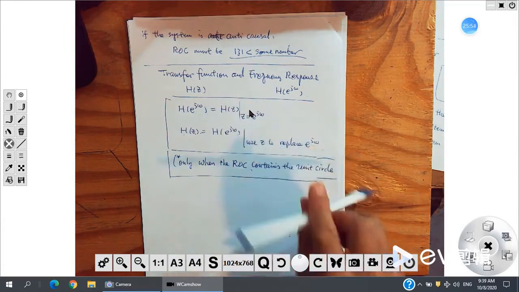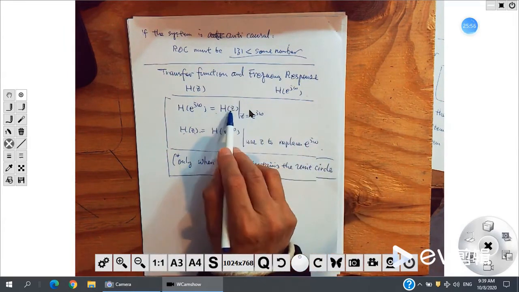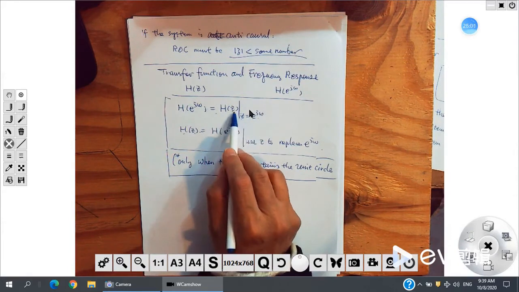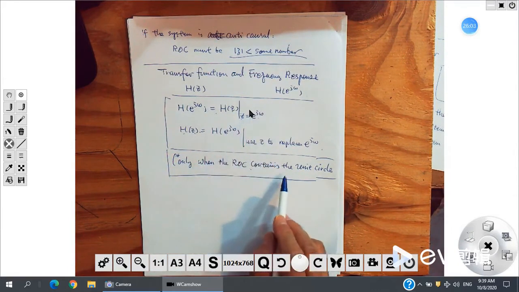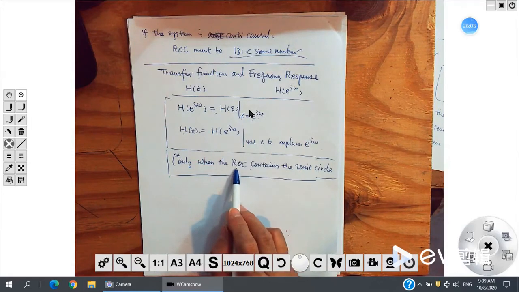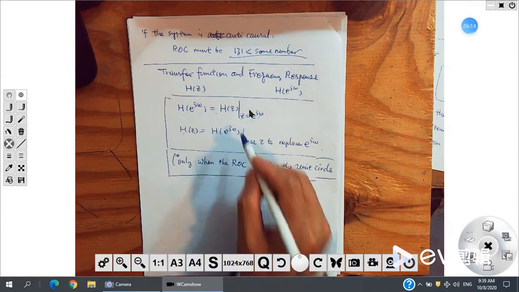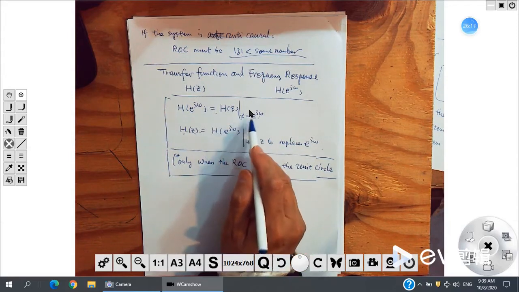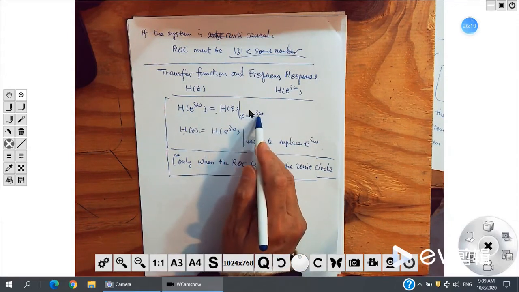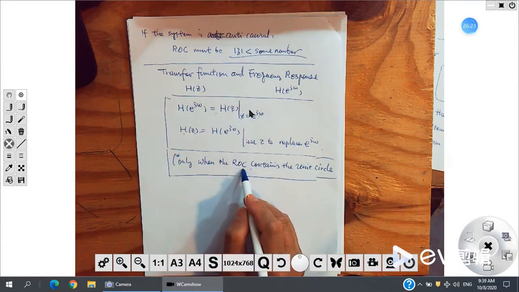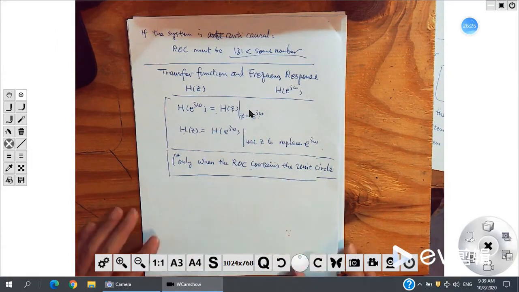Make sense? Like here, you need to replace z by e to the j omega. But if e to the j omega is not inside the RC, not a part of the RC, then you cannot change z to this one. z cannot equal this, right? So this is a condition. You can let z equal e to the j omega only if the unit circle is a part of the RC. Okay, this is one thing.